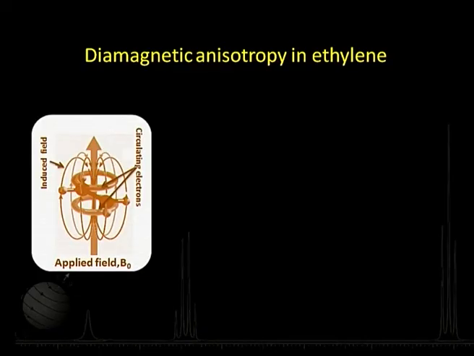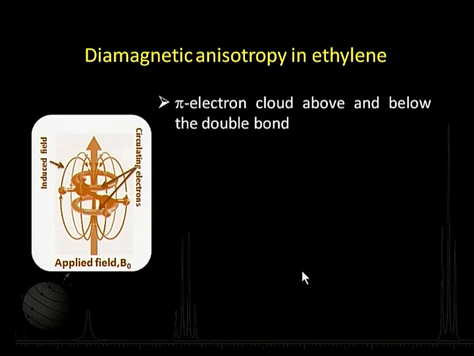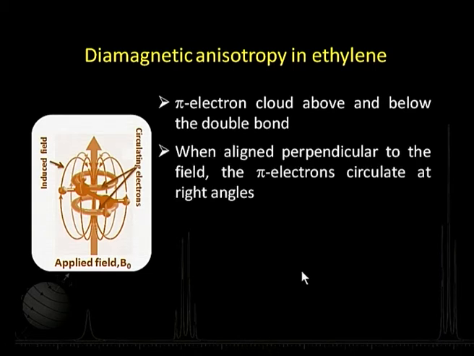Now, let us take up the diamagnetic anisotropy in case of ethylene. In case of ethylene, it is a simple molecule having a carbon-carbon double bond, wherein we have got a pi electron cloud above and below the planar molecule here, and when such a molecule is put into magnetic field, we are taking one orientation where it is perpendicular, that means the molecule is aligned perpendicular to the field.